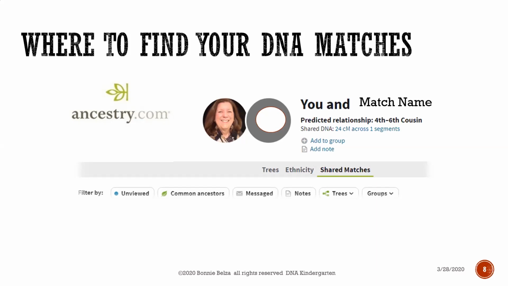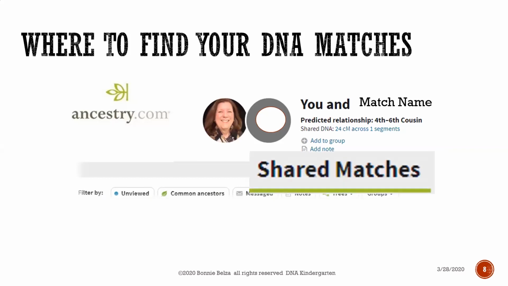Underneath the pictures of yourself and your match is a bar where you can choose to look at their tree, their ethnicity, or their shared matches. When you click on that shared matches button, you'll get a list of people that share DNA with you and your target match.